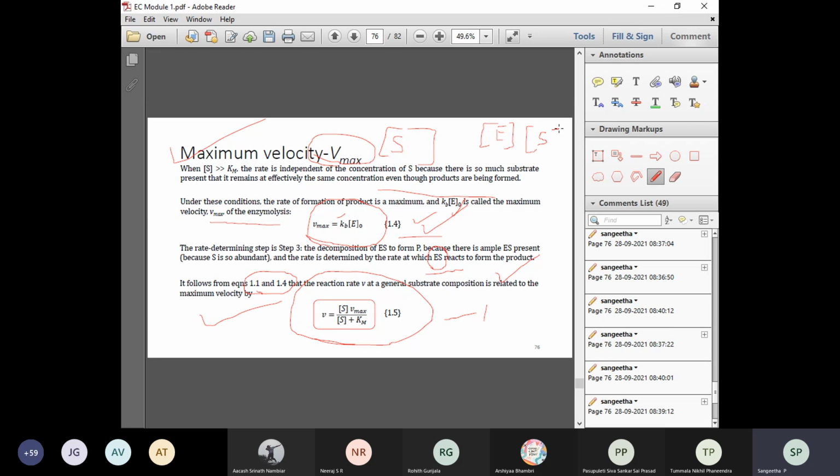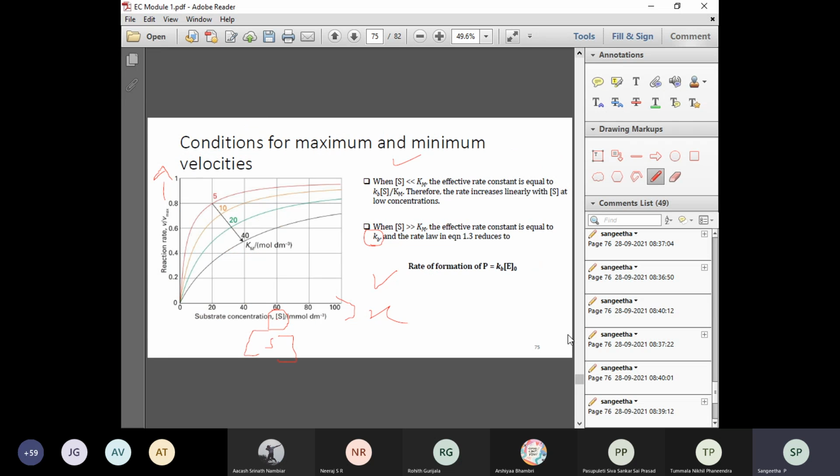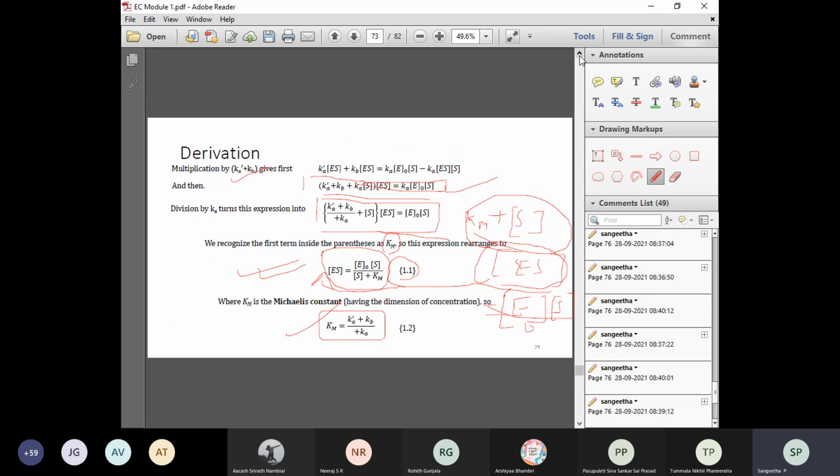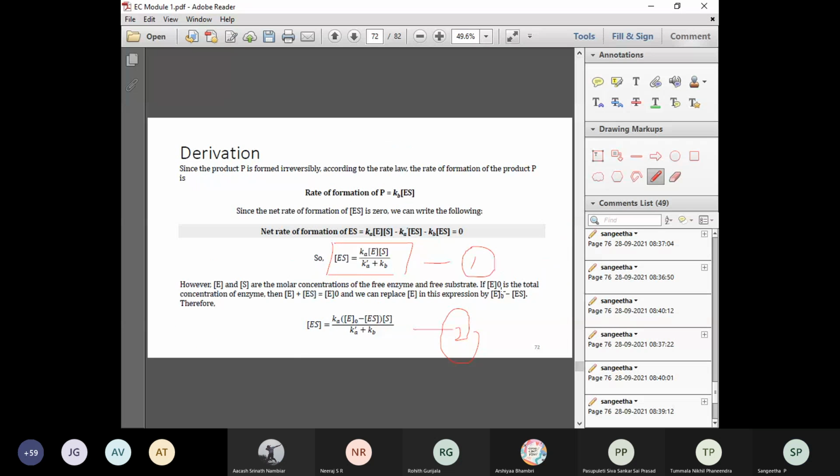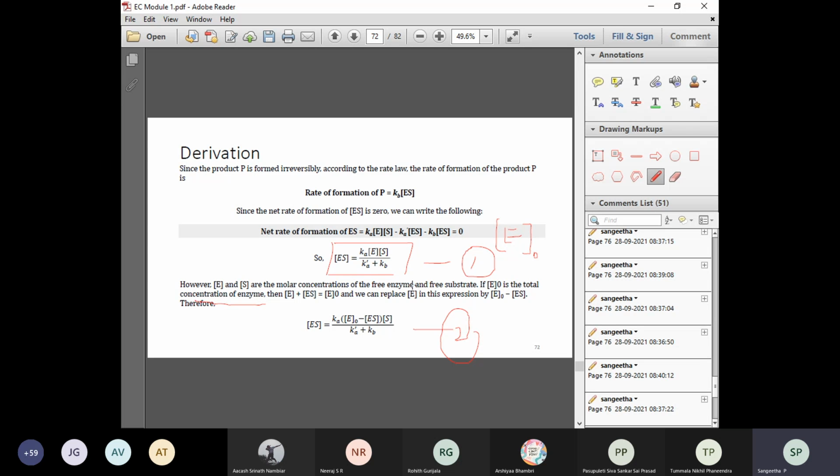E naught is already given, so that's why I told you when you write the derivations, write it there itself. You can see it in the earlier slide. This was a typing mistake; it should be written this way: E naught is the total concentration of the enzyme.